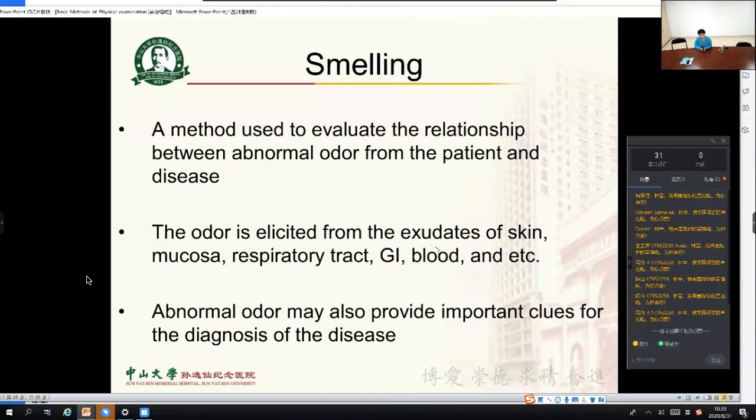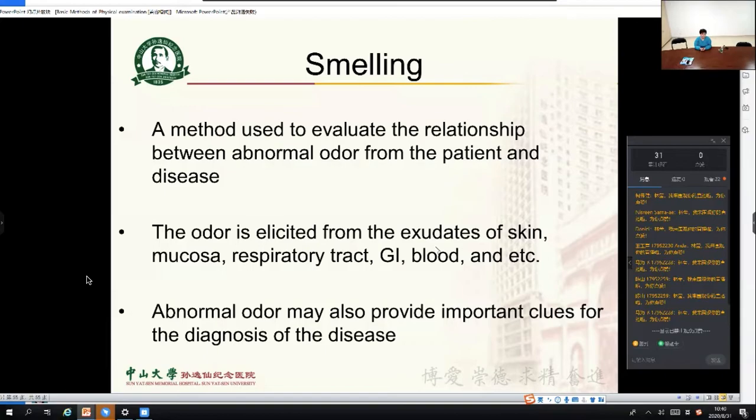So some patients may produce some special abnormal odor from the breath, from other parts, such as in hepatic encephalopathy. The patient may produce some abnormal odor. So this is the fifth physical examination method.